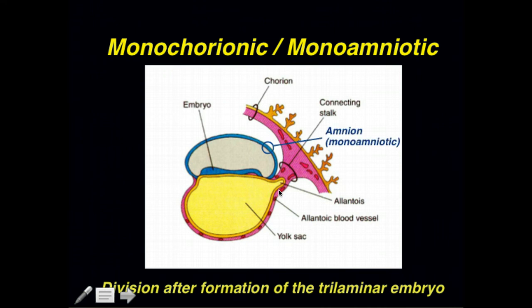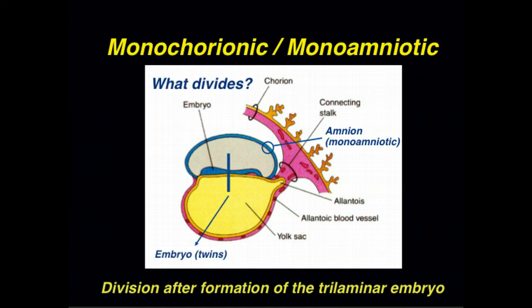So the amnion has already formed, and therefore there is only going to be one amnion. So what is it then that divides? The thing that divides is the trilaminar embryo. So we end up with twins. The embryo divided into two embryos. We have twins, but they must share both an amnion and an amniotic sac and a placenta.